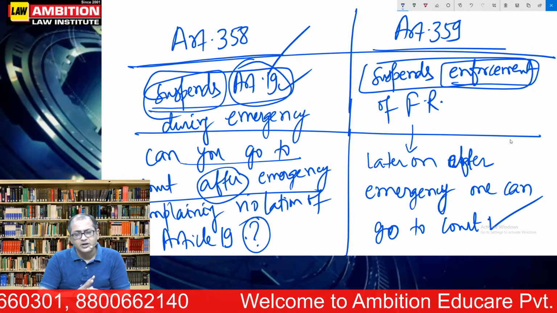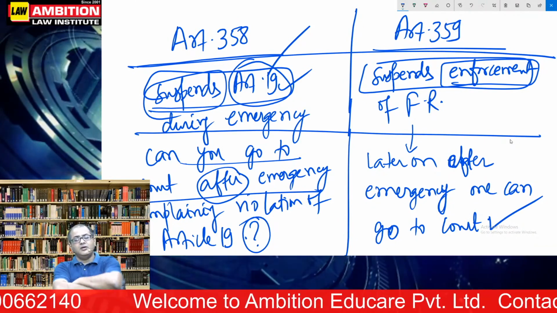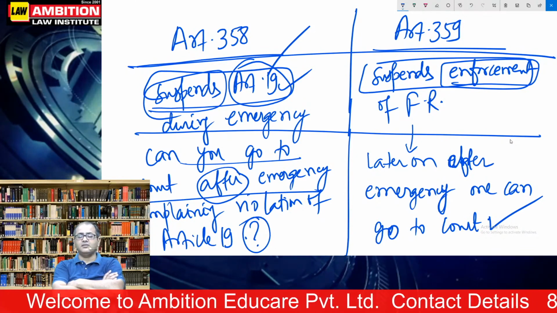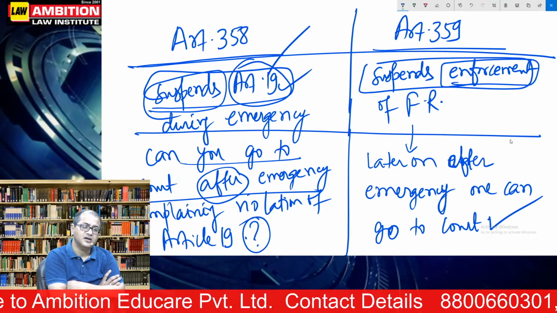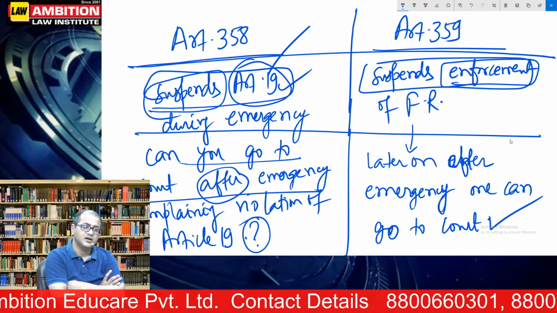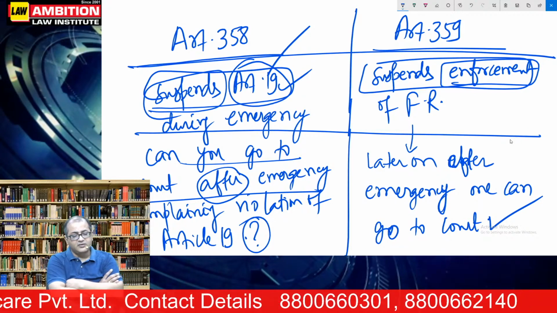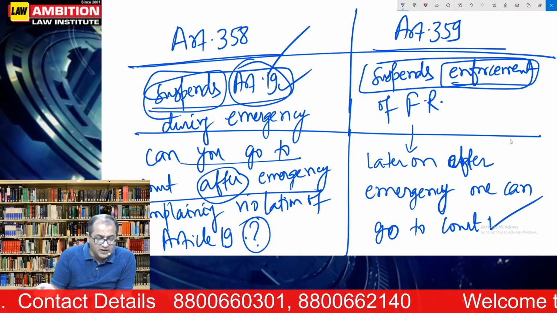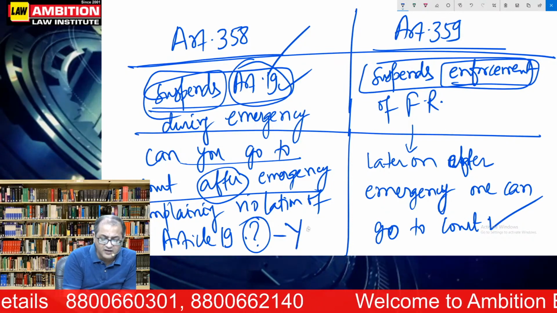We can't believe that during emergency Article 19 was not there at all. This is not acceptable. We can't digest this idea. So if my Article 19 is violated during emergency, can you go to court after emergency complaining of violation? Yes.